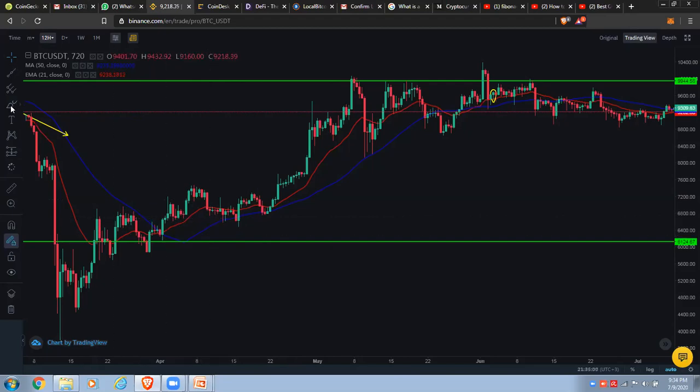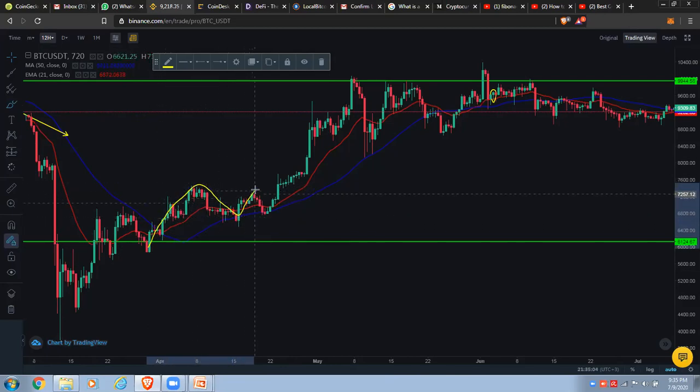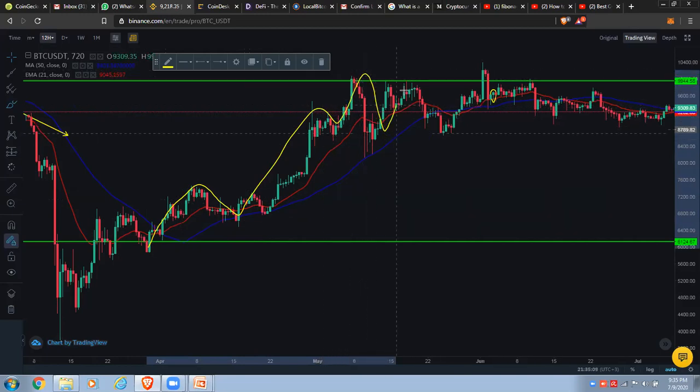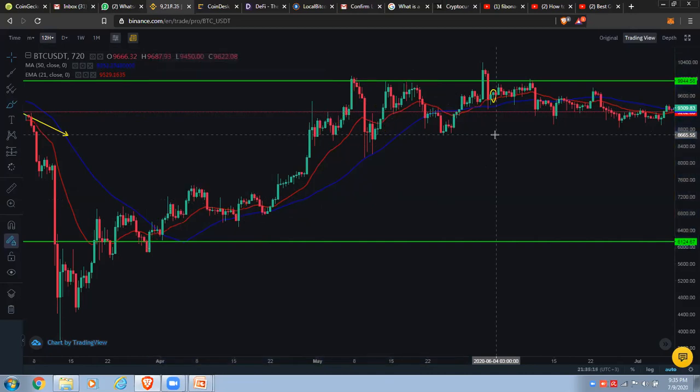So if you are looking at this, the price goes in, out, in, out, in, out. This is something I want you to see. These are the support, this 50 moving average. So you can be trading this way.